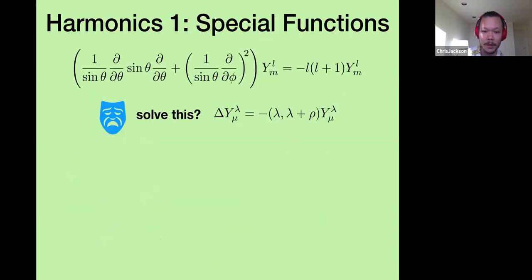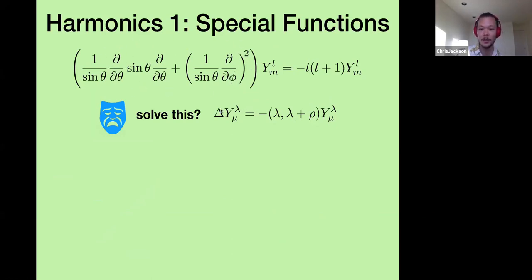Oh, great. So then the other thing I said was important about manifolds was harmonics. If you think about spherical harmonics, if you've ever solved for them, my guess is that you solved for them in the following way. The first thing is you appreciated that you could express the Laplacian over a sphere like this.